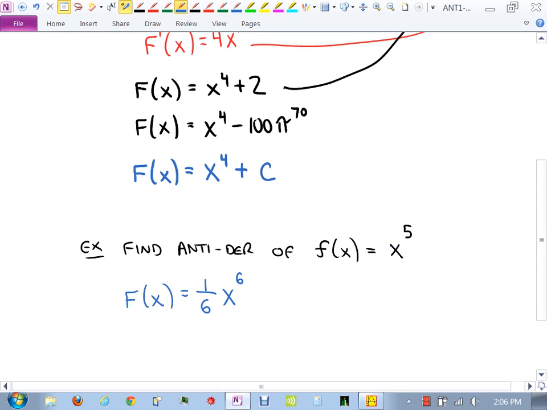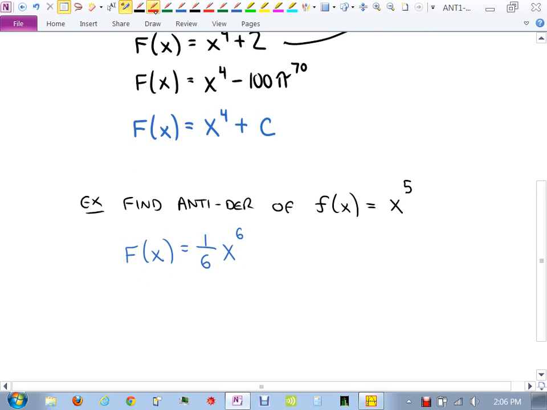But I don't want that 6 in front. So I have to come in with the 1/6 in front of it to kill off the 6 when it comes down, right? Now I could have added any constant I want out here. So how about adding 0, which means don't add anything. That is an antiderivative, right? That's an antiderivative. Now if I were to ask you this instead, find the general antiderivative, then I would want it to look like this.